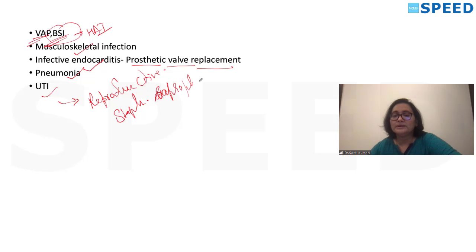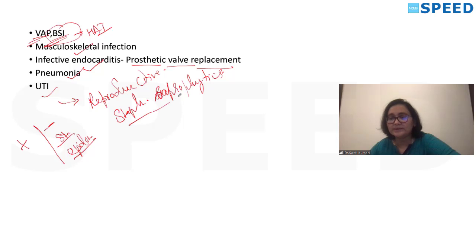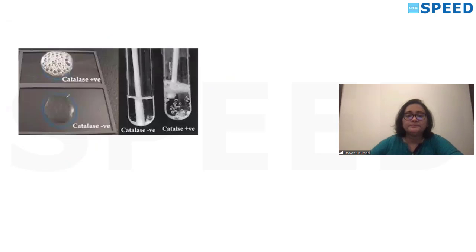Okay. So you have Staphylococcus aureus, which is coagulase positive. You have coagulase negative ones, saprophyticus and epidermidis. Two species are commonly seen and cause human infections. Staphylococcus saprophyticus causes UTI in the reproductive age group, especially in females. Okay. So what are the tests we do for differentiation or classification of Staphylococcus?